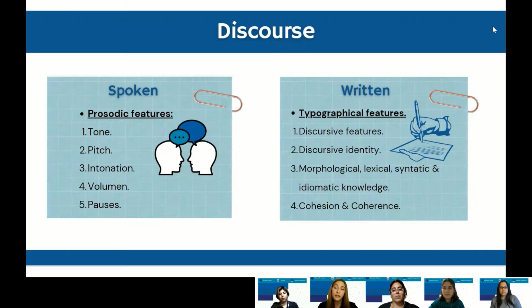For this reason, the assessment of the quality of writing requires an understanding of the context in which it was written, and especially the audience for which it was intended. So now Gloria is going to talk about second language writing.